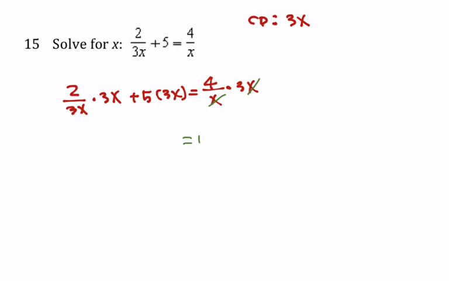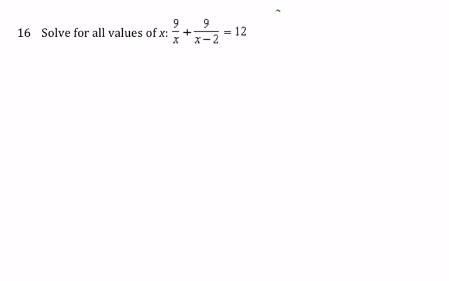Cancel out x's, we get 12. Cancel out 3 x's, we get 2, and then in the middle we have 15x. By subtracting 2, we get to realize that 15x is equal to 10. Then the value of x must be equal to 10 over 15, which is 2/3. Alright, let's move on to the next question.